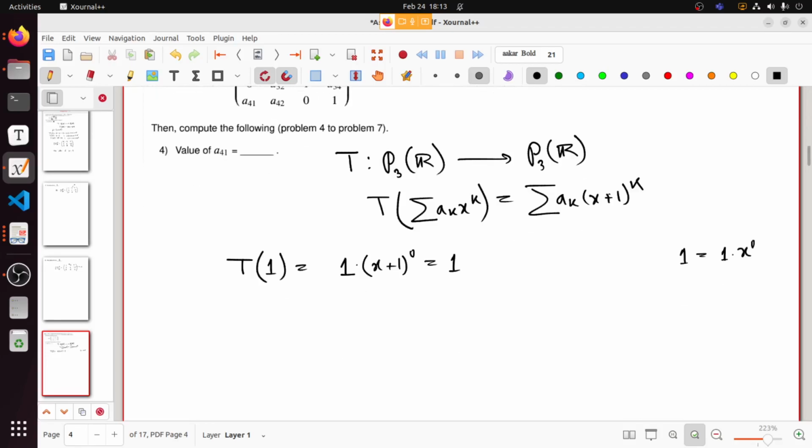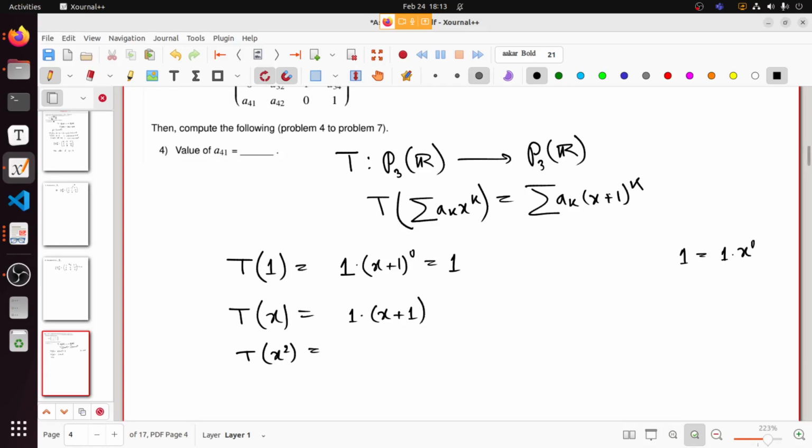Now what will be T of x? T of x, so x is x to the power 1, so it will map to 1 into x plus 1, right? And what will be T of x squared?